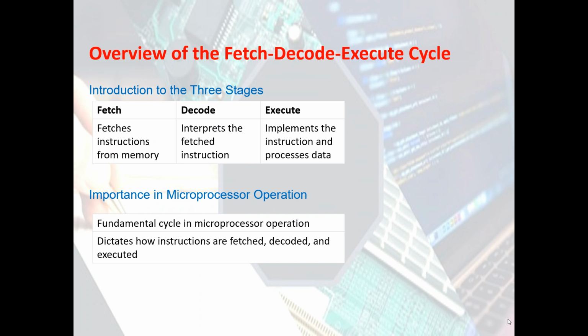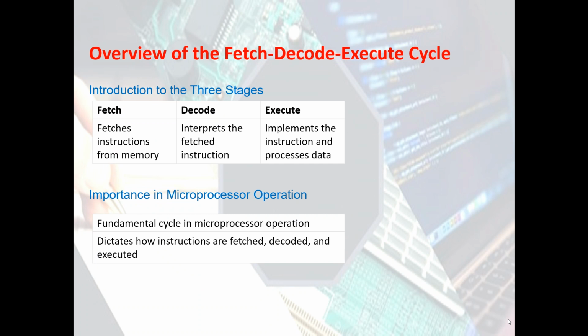And then the decode part interprets the fetched instruction. So, kukuhanin niya, then i-decode niya yon to a language understandable by the computer. In our case, as we know, binary code, machine language, those are the languages interpreted or understood by the computer. And then the next is execute. Implements the instruction and processes data.